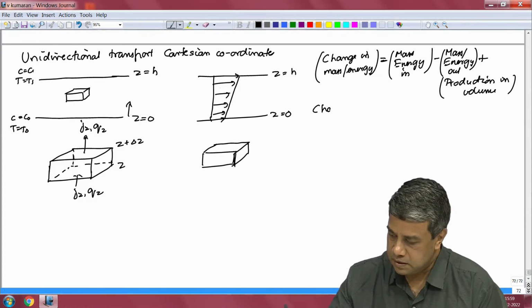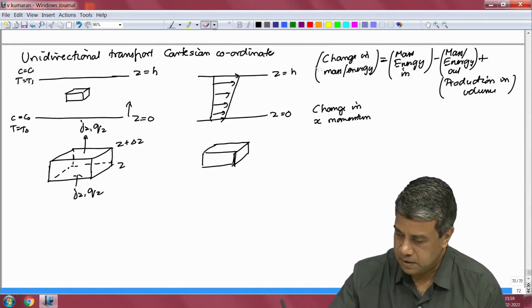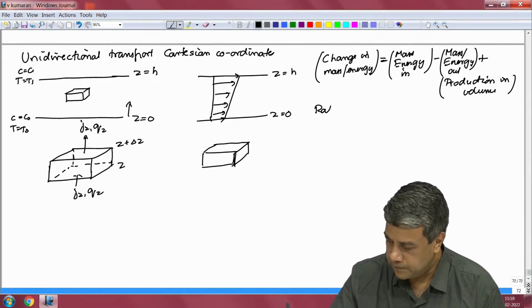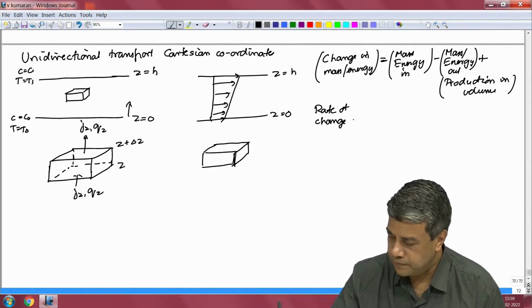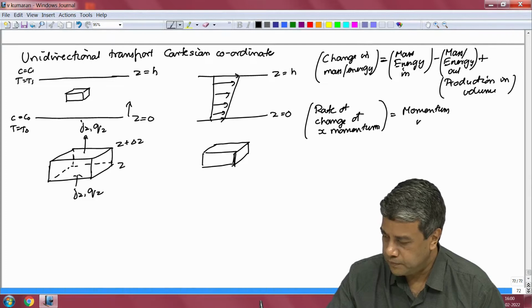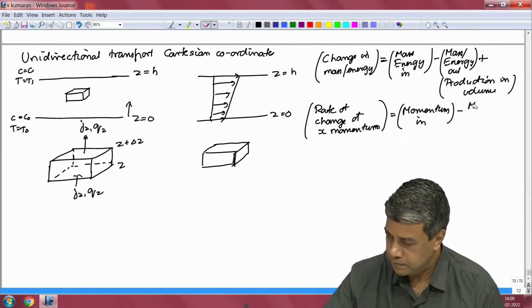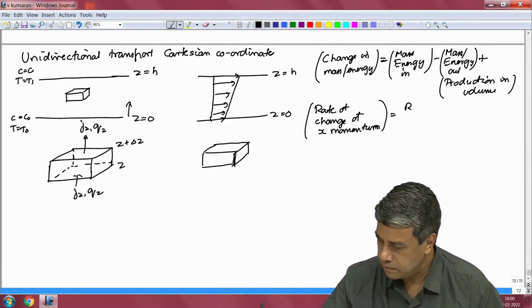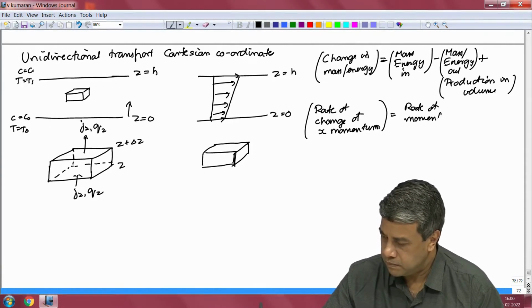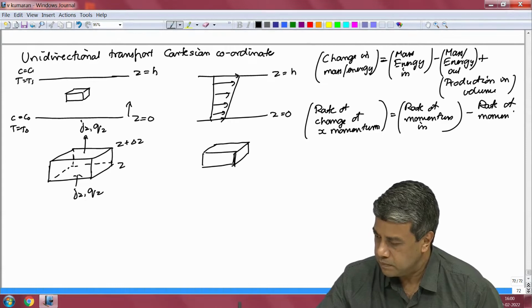Change in x momentum, be careful here, this should be rate of change of x momentum, is equal to momentum in minus momentum out plus the sum of forces.